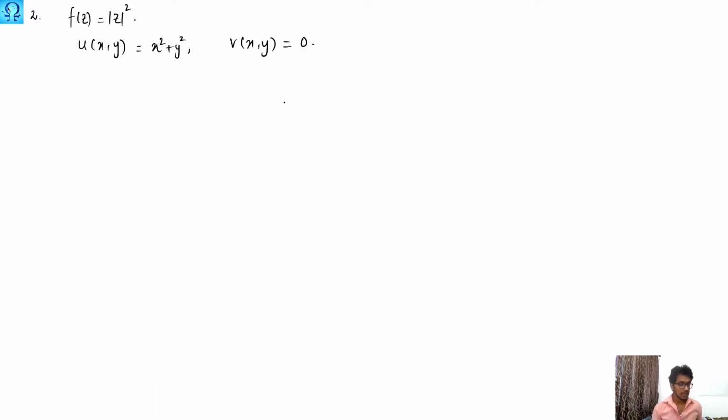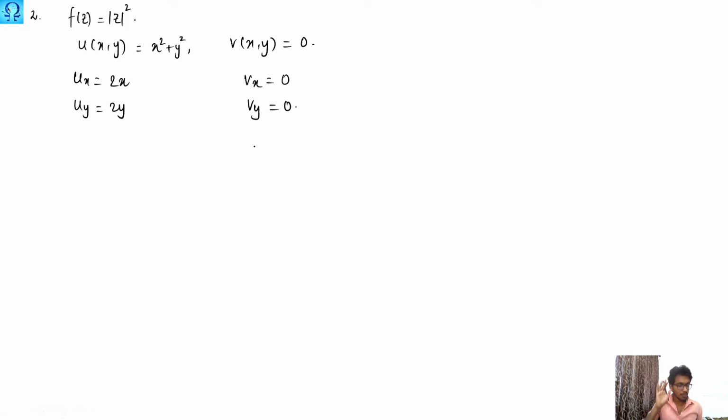The sufficient theorem statement tells us that it has to be defined in some epsilon neighborhood of whatever point we speak of. Yes, of course it is there, right? And the first order derivatives with respect to x: your ux is simply 2x and uy is 2y, and vx is 0 and vy is also 0.